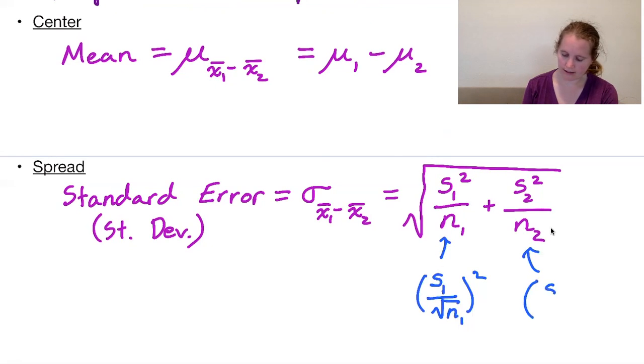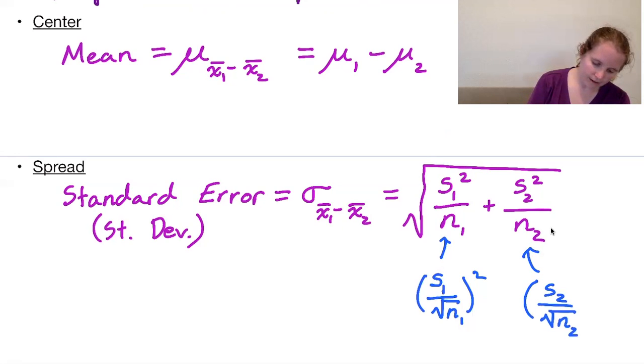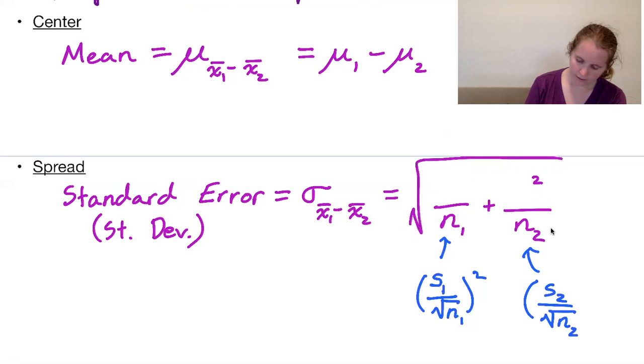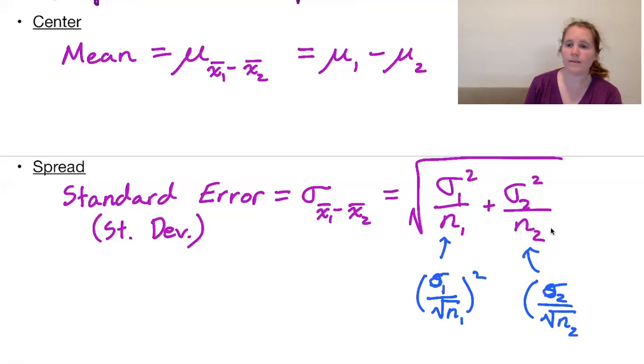Oh, I apologize. If we know the standard deviations, these should actually be sigmas for now. So if we actually knew the standard deviation, it should be sigma 1 squared and sigma 2 squared.